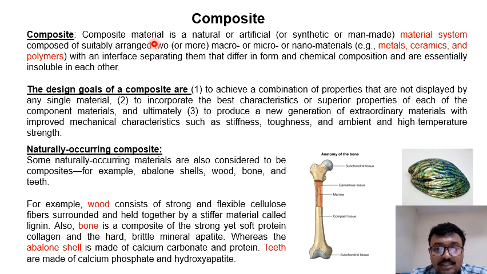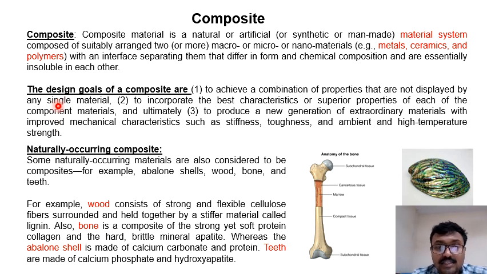Second, to incorporate the best characteristics or superior properties of each of the component materials. And third, to produce a new generation of extraordinary material with improved mechanical characteristics such as stiffness, toughness, and ambient and high temperature strength. These are the goals for preparation of a composite material.